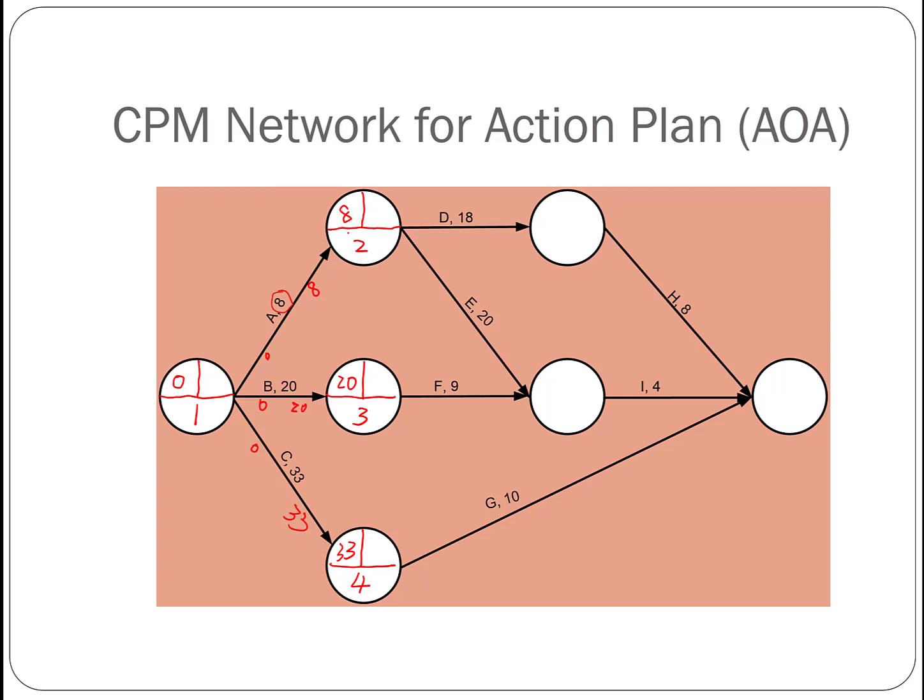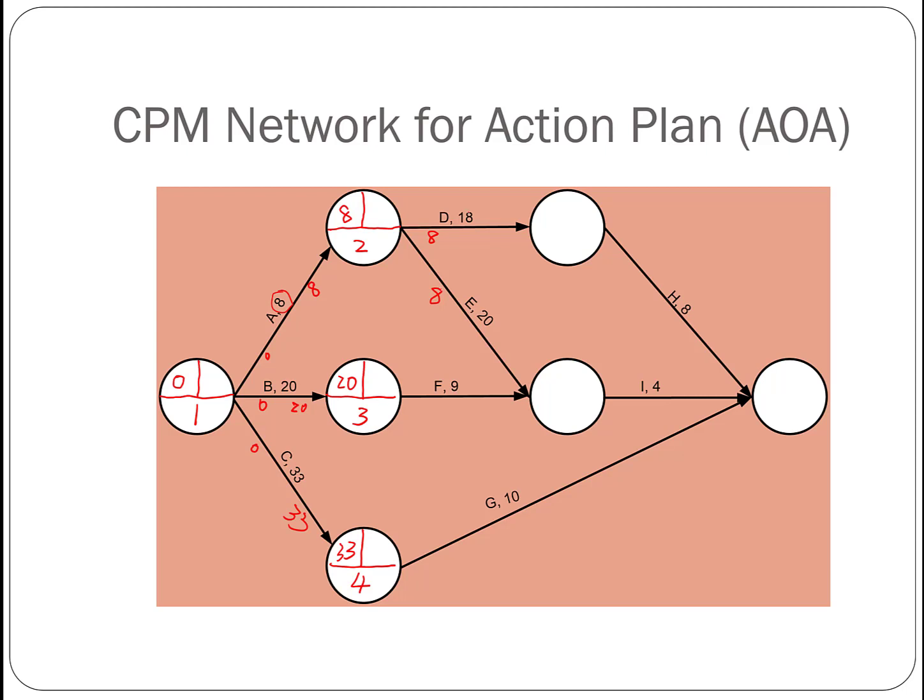Node 2 represents the finishing of activity A or the beginning of activity D and E. And the early date of finishing activity A is day 8. So the 8 comes here. And that 8 is also the early start time for activity D and E that follow after this event. So this 8 becomes here and also here to represent the early starting time of activity D and E.